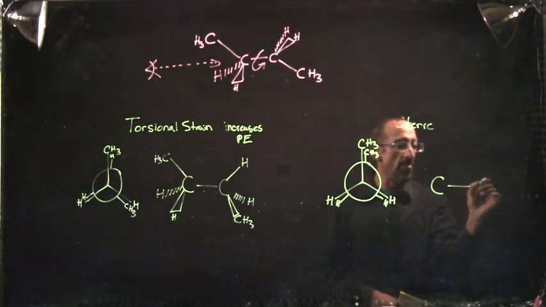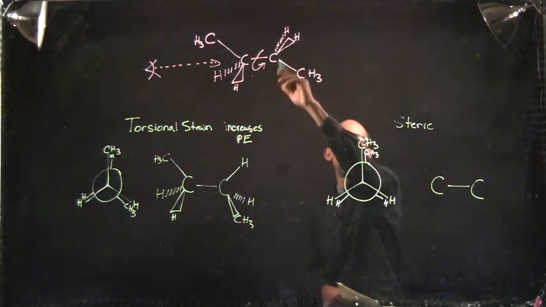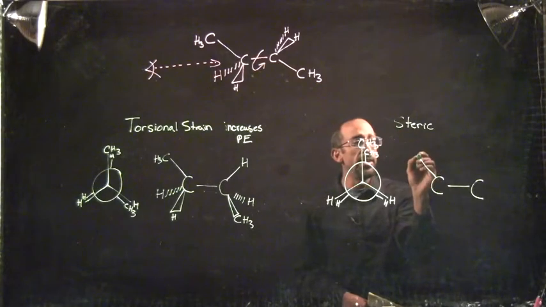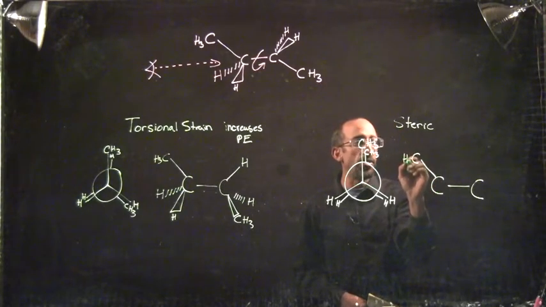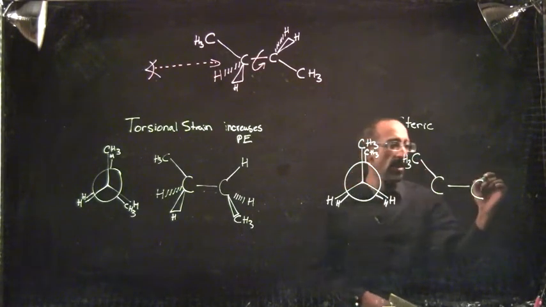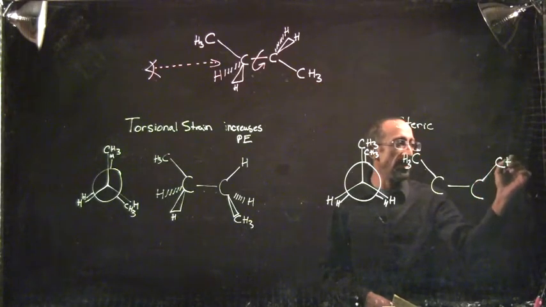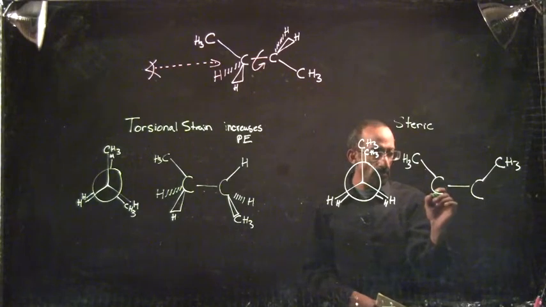Here are the two carbon atoms that define the bond I'm rotating around, carbons 2 and 3. Off my front carbon, there's my front methyl group, this one here. Off my back carbon, there's my back methyl group, this one here.